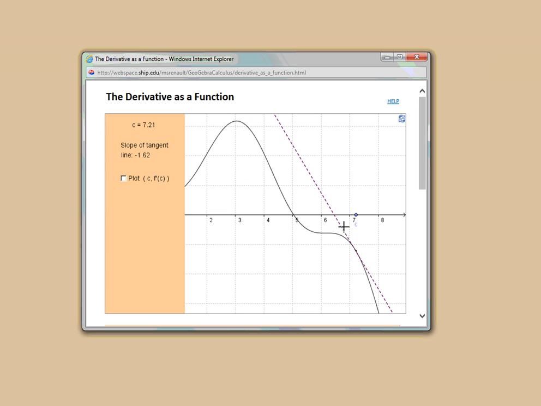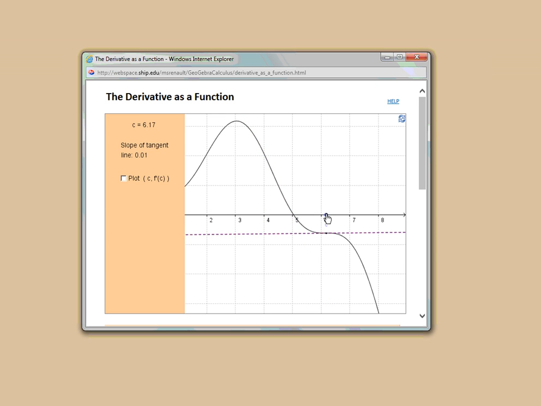So by moving the point around there, we can see how the gradient of the function is changing. So here it's negative. At that particular point there, it's 0, negative again.